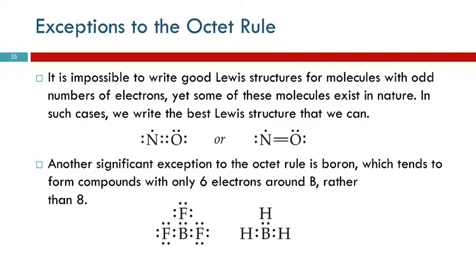So boron will often be satisfied with 6 electrons. How annoying is that? So we'll see boron trifluoride will do this, and the boron will have 6 valence electrons instead of 8, or boron trihydride. So just know that exceptions exist. If you happen to see one in a homework assignment or something, don't freak out.